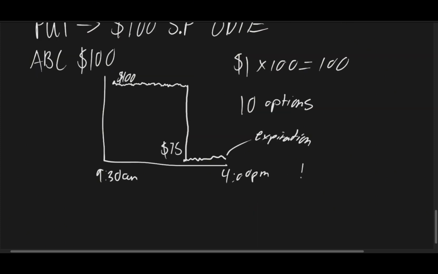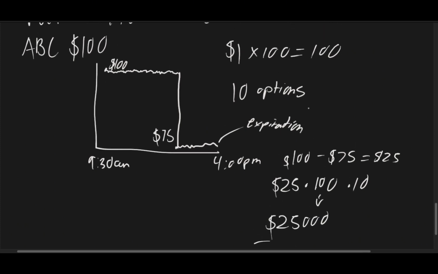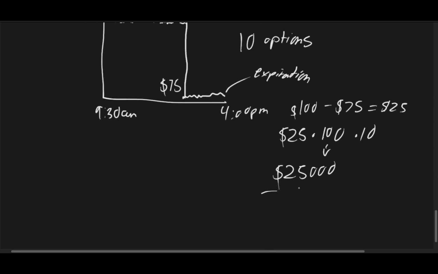So your profit would be $100 minus $75, which is $25. $25 times 100, which is the number of shares you control, times 10. So this would be $25,000 profit minus the amount you paid, which is $1,000.